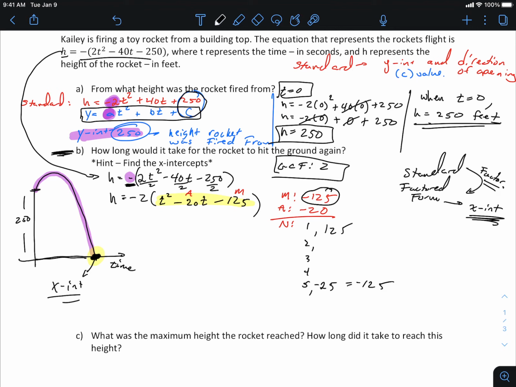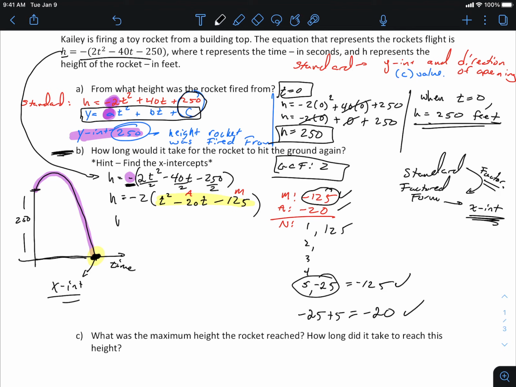Then you're going to see negative 25 plus 5. Well, that equals negative 20. But when I multiply these two together, I also get negative 125. So I've satisfied both conditions, right? And then as soon as I find those two numbers that work, in this question it's 5 and 25, I just write the variable in front of them, and I'm done.